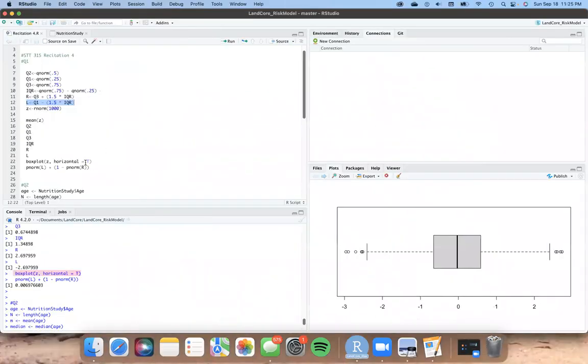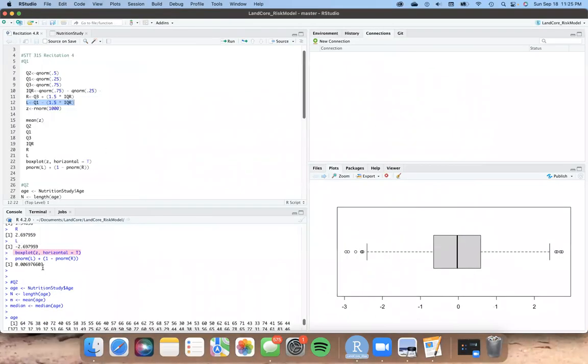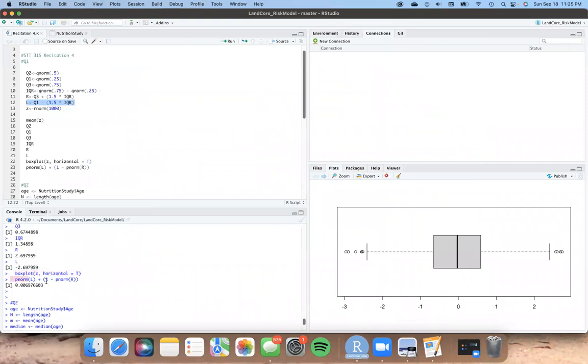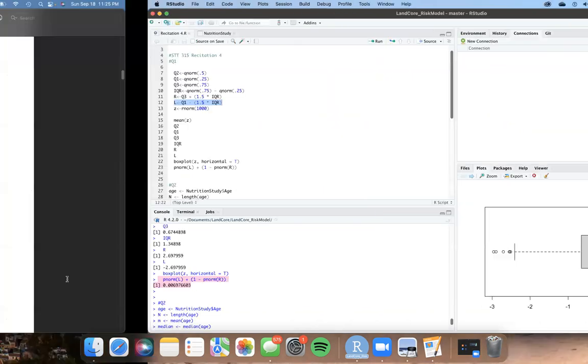I'll show you in R. If you do that calculation, it'll give you 0.0069766603, but when you round, you get 0.007.